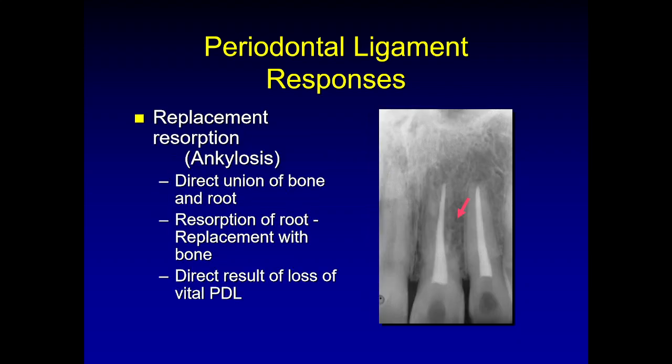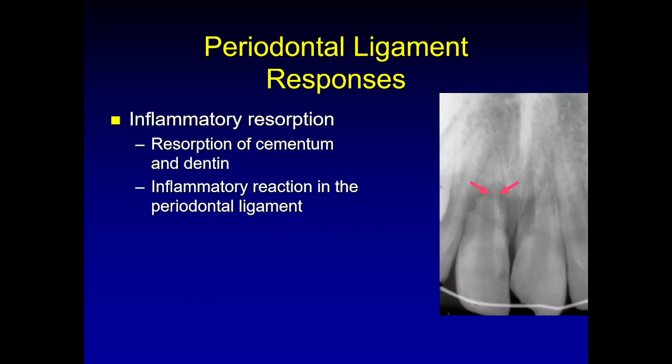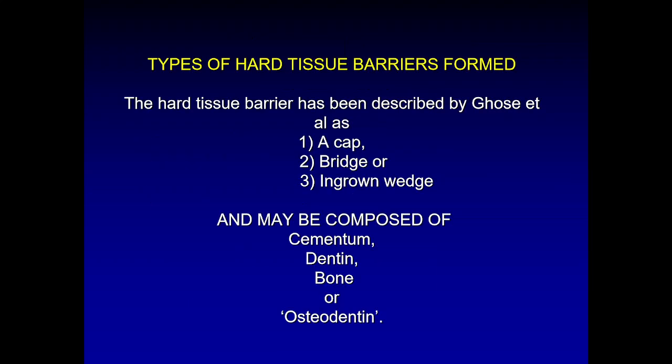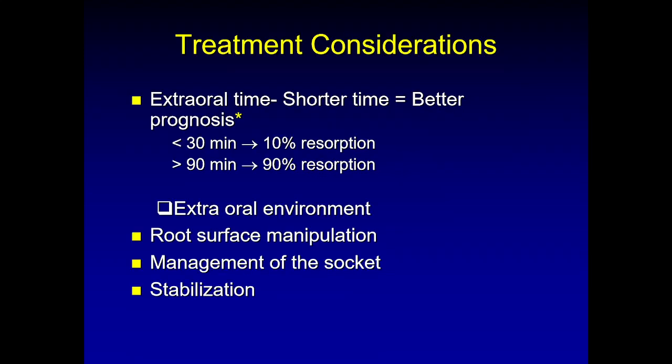A smart patient will bring it in a bag of milk or saline. An even smarter patient is going to call you as soon as the injury happens and will ask you, Doctor, my child's tooth came out. And then you will ask, what is the age of the child? He's 9 years old. It's the front tooth. And you'll be like, oh my God, do one thing, find the tooth immediately.